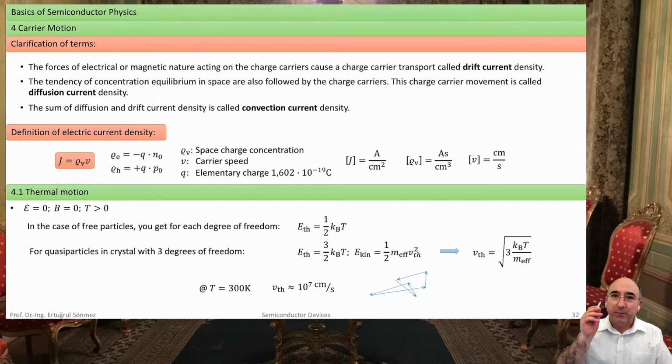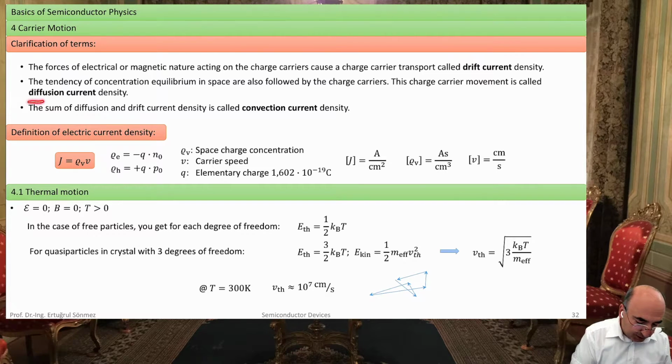So the molecules, the particles, are not pushed. They are here. You have a higher concentration here compared to there. And this concentration difference does push the particles.